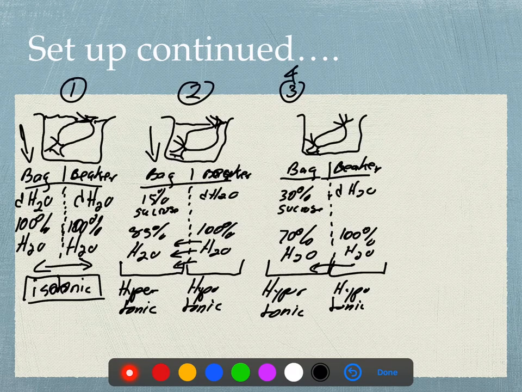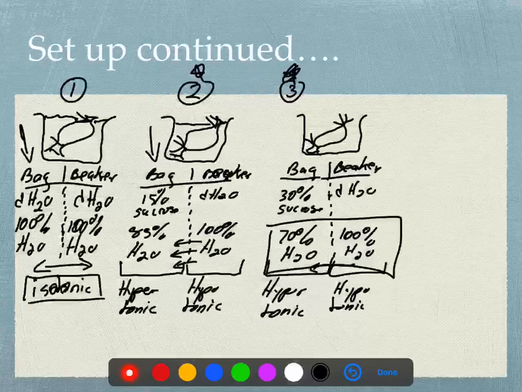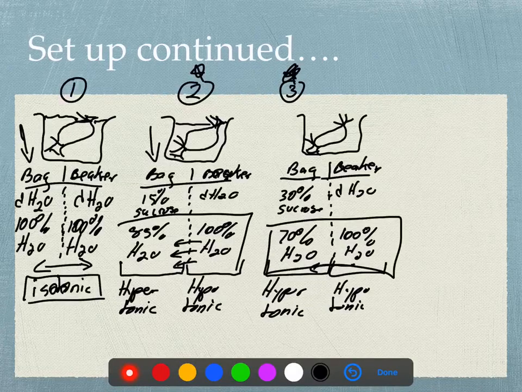Right? Okay, here's a good question. Which bag, bag 3 or bag 2, would gain the water fastest? That's right, it would be bag 3. Why? Because bag 3 has a larger concentration difference, right?